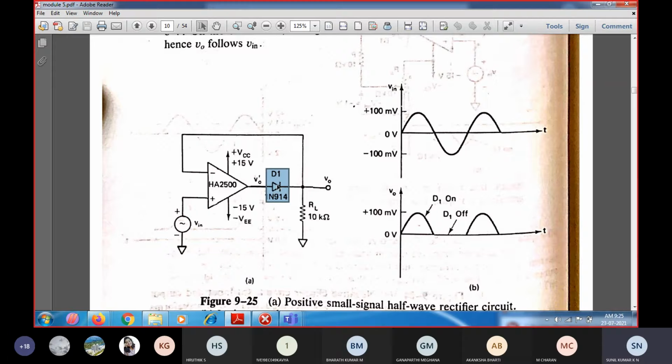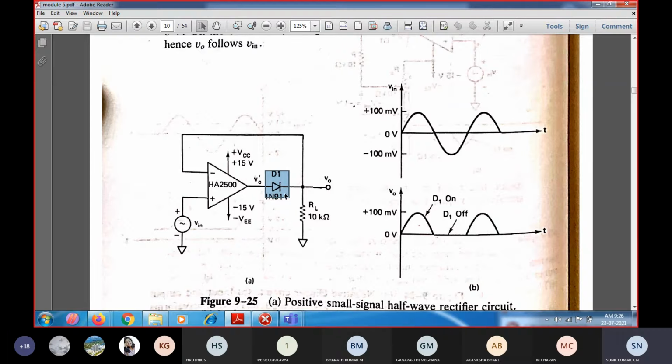Reverse bias means it is going to disrupt the feedback path and act as an open circuit. So no voltage will appear from the op amp output to the circuit output. Since diode D1 acts as an open circuit, V naught dash is going to get saturated in the negative direction, because the feedback from the output to the inverting input is affected.